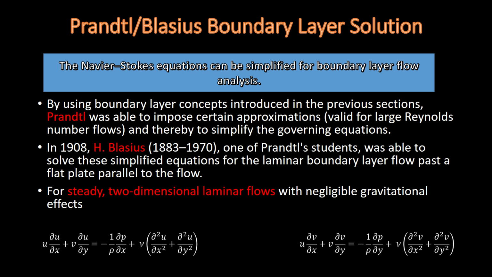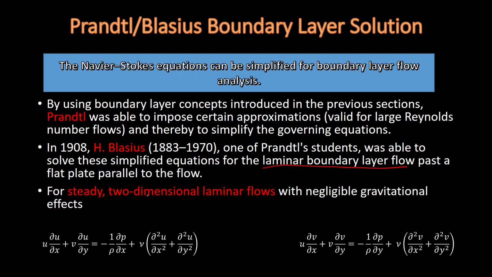By using boundary layer concepts introduced in the previous section, Prandtl was able to impose certain approximations, which are also valid for large Reynolds number flow, and thereby simplify the governing equation. In 1908, Blasius, one of Prandtl's students, was able to solve this simplified equation for the laminar boundary layer flow. Remember that this is only for laminar boundary layer flow past a flat plate parallel to the flow.